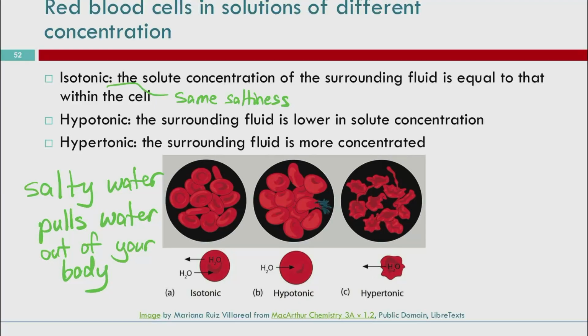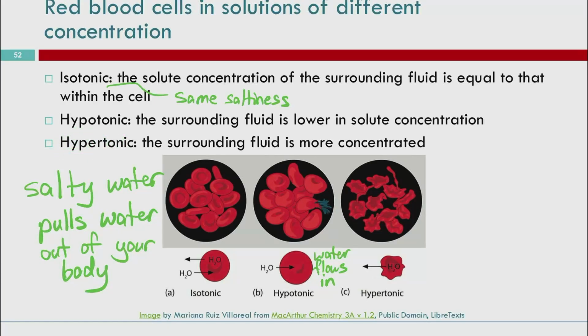If you put in something that's hypotonic, hypo meaning less than, the surrounding fluid is lower in solute concentration, and that means that water is going to flow into the cells, into your red blood cells. And if that happens too much, your red blood cells pop. Which is bad. There's also the other case where your red blood cells are in a hypertonic solution.